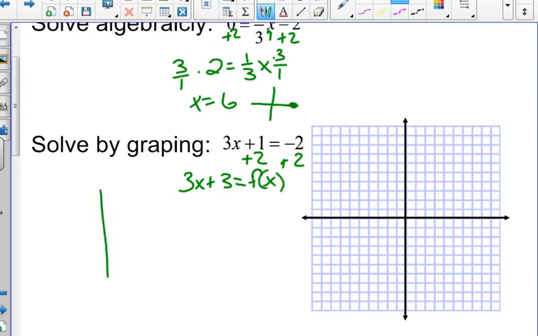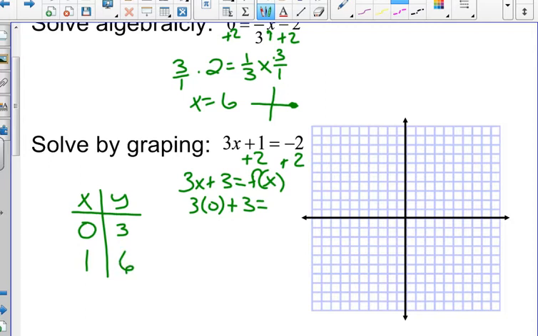Okay, so now make a little table. You have your x and your y. Plug in some 0 and let's say 1, just because we need 2 points. Okay, for x. So 3 times 0 plus 3 is equal to what? It's 3. And then plug in 1. 3 times 1 is 3 plus 3 is 6. So that's our f of x.